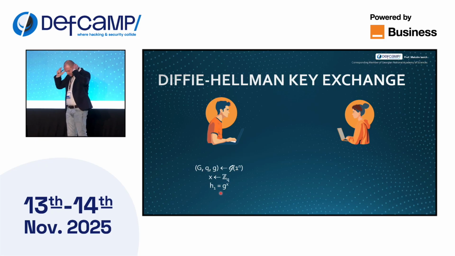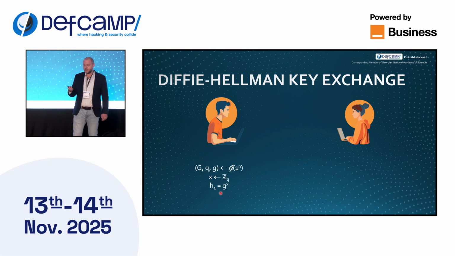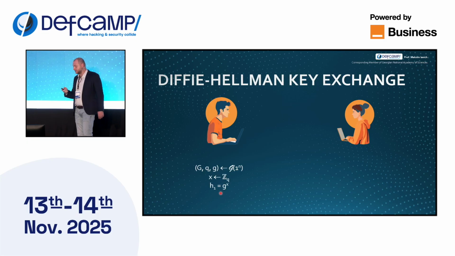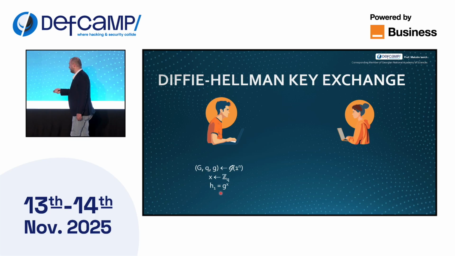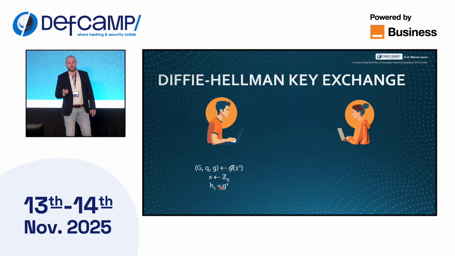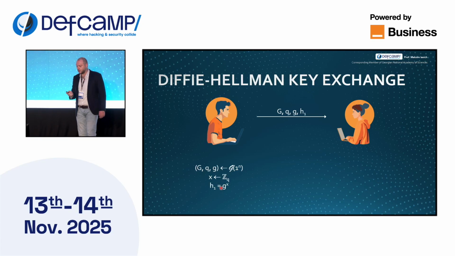And Bob makes up some X, only he knows this X. No Alice, no hacker knows this X. And he raises G to the power of X. There exists the discrete logarithm problem, and what does it mean? If you have H1 and you have G, you cannot get X from there. This is the discrete logarithm. Having H1 and G, you cannot get X. So he sends H1 to Alice.